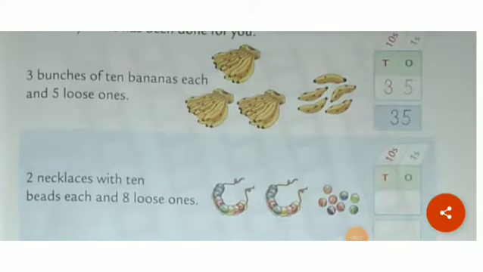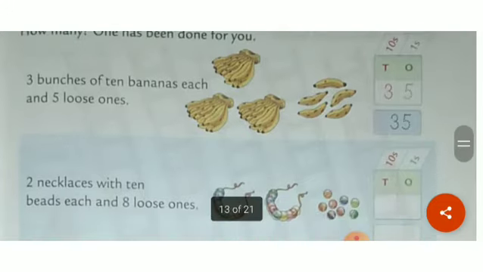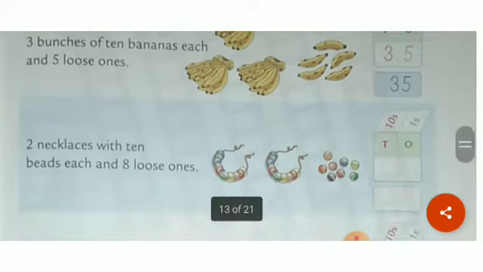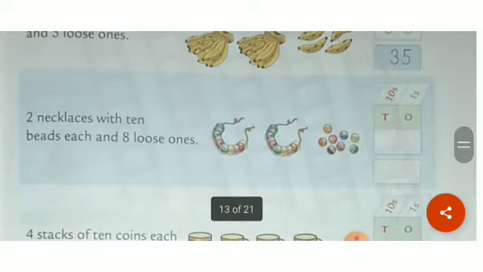This is page number 19. One has been done for you. Here you have to see how many objects are given and write its count in the given places. Just now we have seen examples on page number 14, counting in tens.